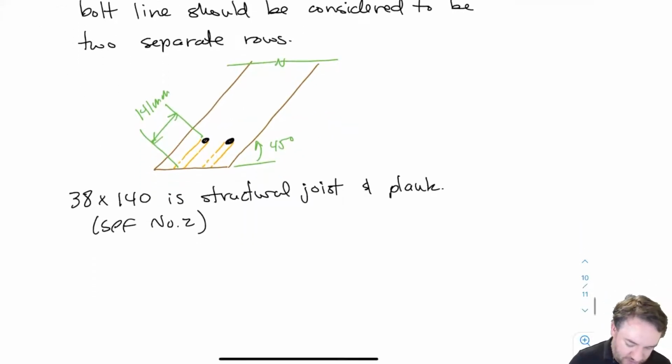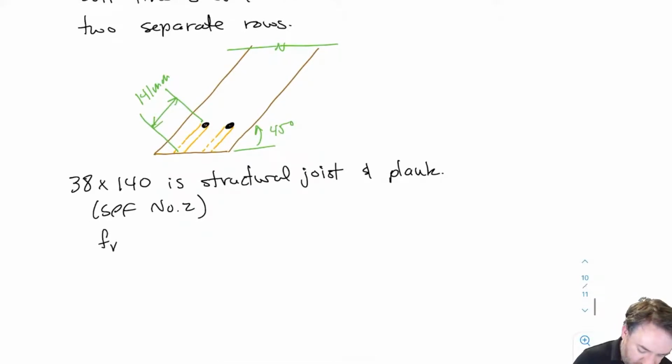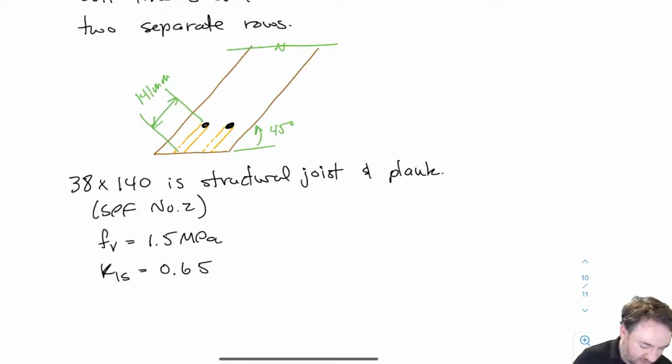Okay, so this is also SPF number 2, same as before. So that means I'm going to have the same FV, 1.5 MPa. This time, since I'm dealing with the side member, my KLS is 0.65.